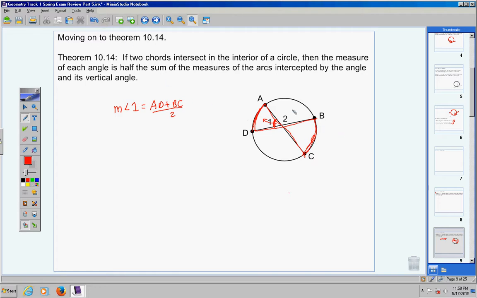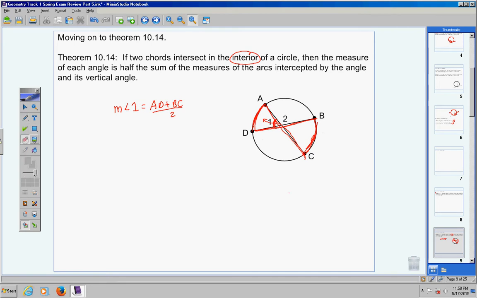what this theorem is saying is this: when two chords intersect inside, key word there, the interior of the circle like this, then this angle here would be half of the sum of this arc and this arc.